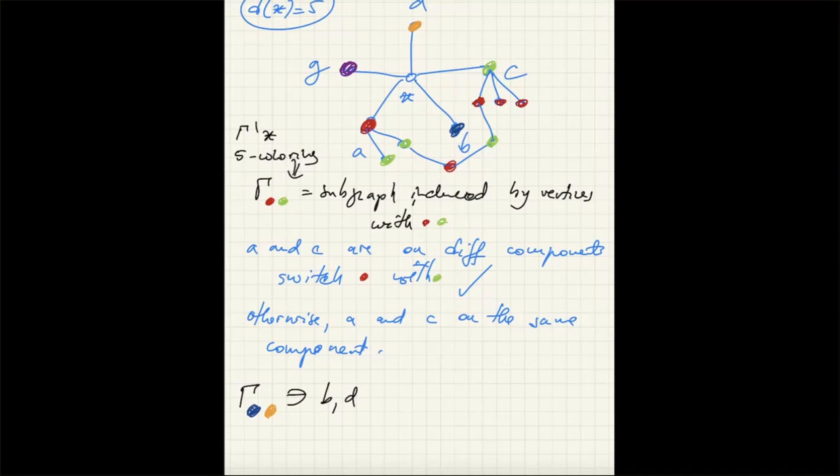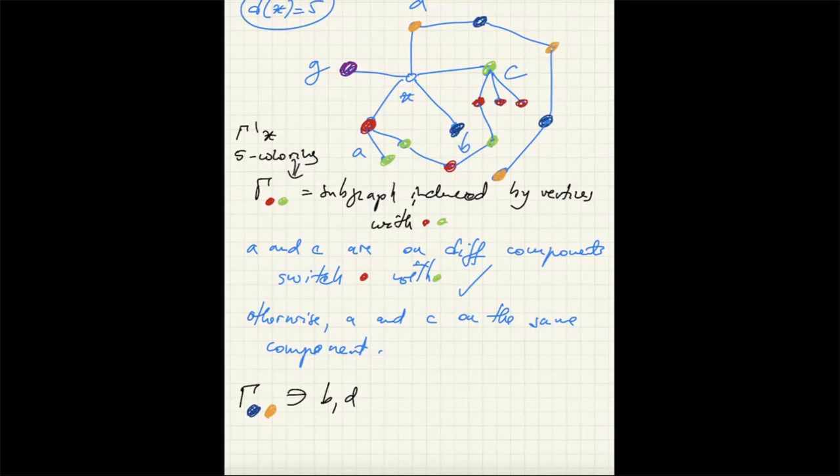Is it possible for them to be in the same component? Well, that would mean that from A, I can do this alternating path, something like this. There, I have this. But here, I have that B is in the interior of this region, of this part of the graph.